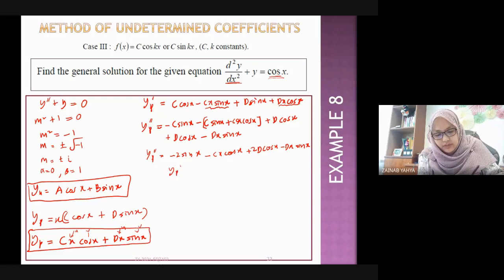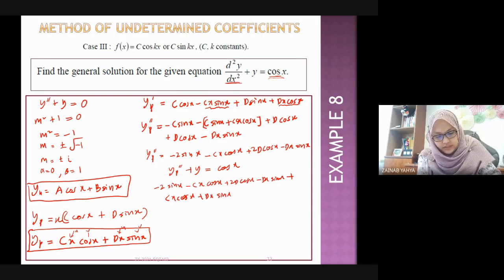So yp double prime plus y equals cos x. Okay, so yp double prime is this one. So negative 2 sin x minus cx cos x plus 2d cos x minus dx sin x plus y, which is cx cos x plus dx sin x, equals cos x.